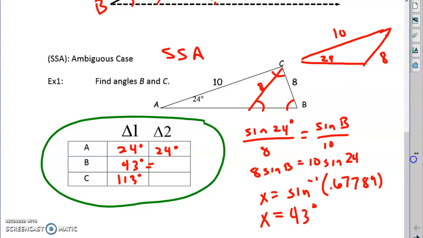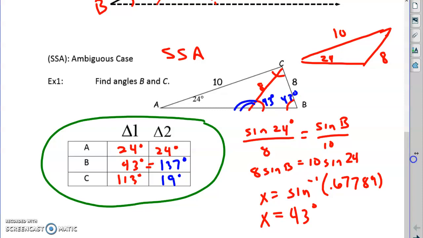So if this angle is 43 degrees, so is this. That is 180 minus 43, 137. 24 plus 137, subtracted from 180, that leaves that angle C to be 19 degrees.